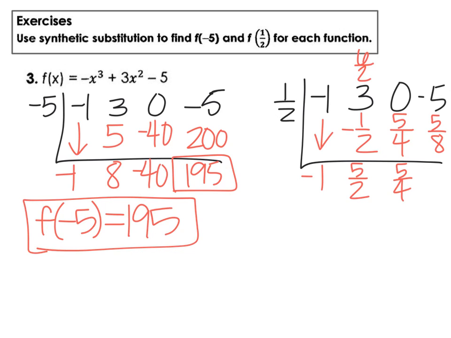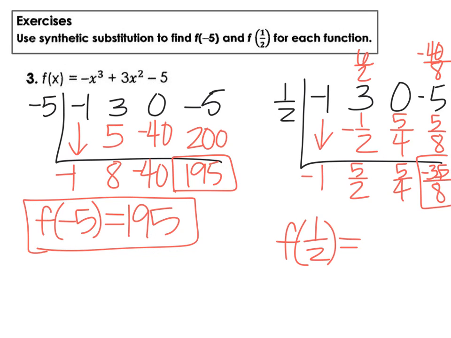All right, and then negative 5 is the same thing as negative 40 over 8. So negative 40 plus 5 gives us negative 35 over 8. And that is our remainder. So our final answer, f of 1/2 equals negative 35 over 8.